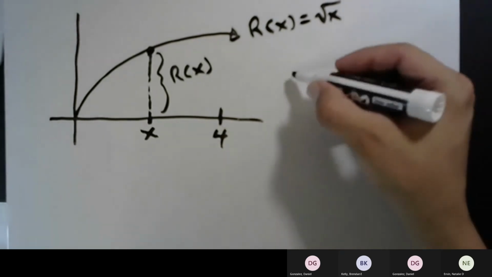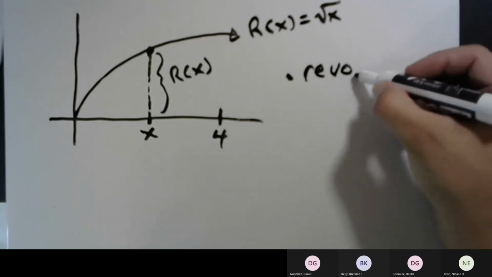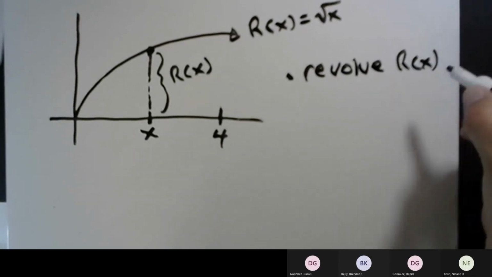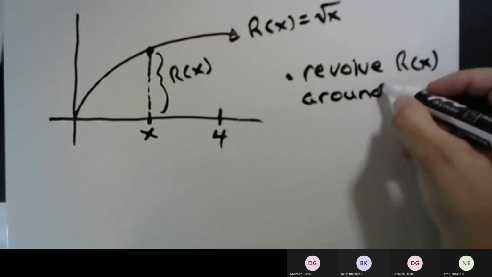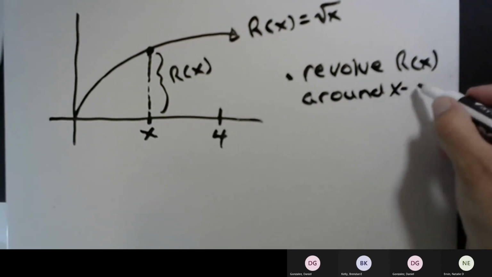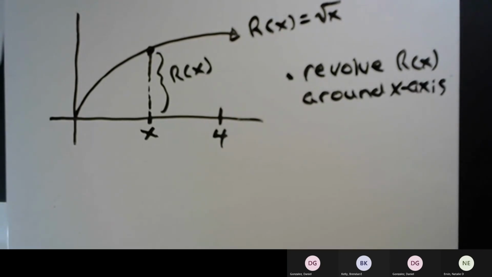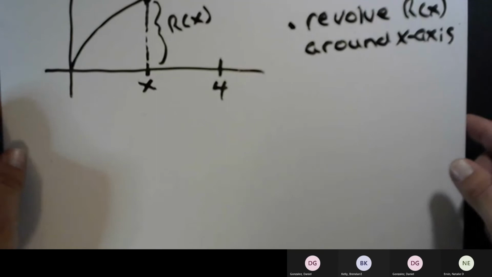So what we're going to do, let's revolve R of x around the x-axis. Pardon me, I need a second there to write that.